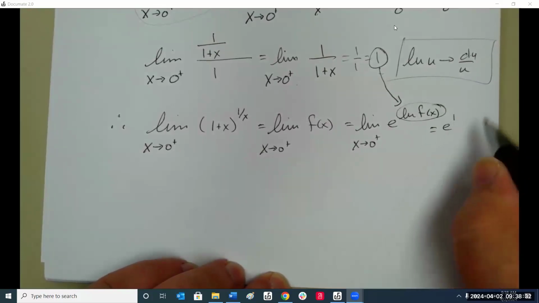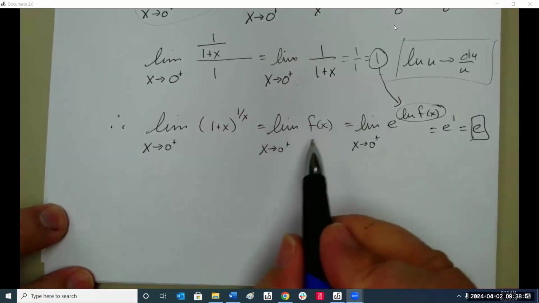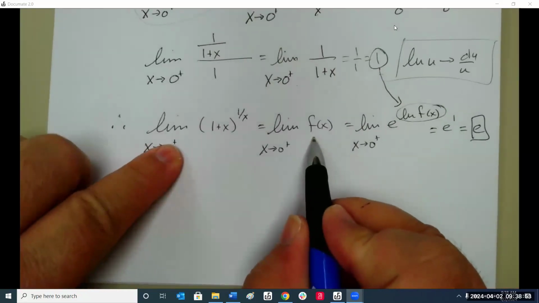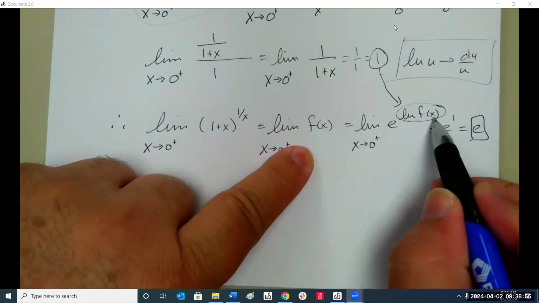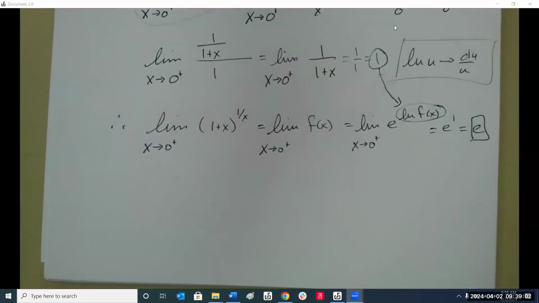So it's e to the 1, which makes it e. That's what we're trying to prove. So this is an example of how we first find the exponent before we plug it back into the equation. In this transformation, we take the ln of the function and find the limit of it, and that's what we just did.